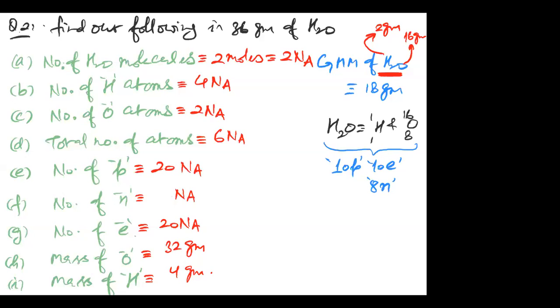The number of neutrons should be 16Na. You just make a correction in point F. The number of neutrons should be 16Na, as neutrons come from oxygen only. There is no neutron in hydrogen. So you have to just make this correction here.